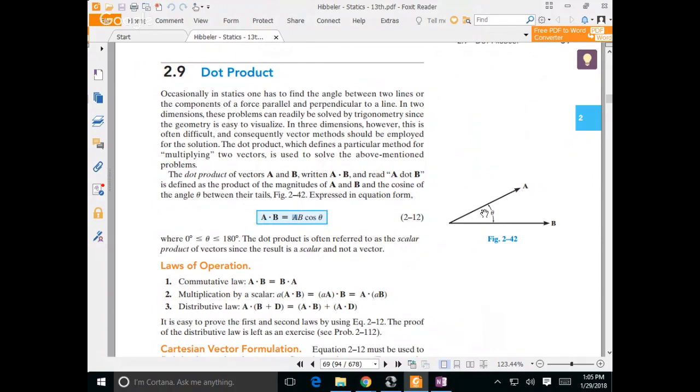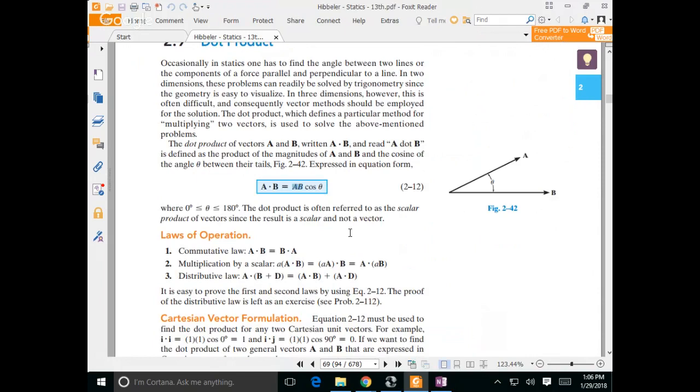Say this vector is 5 and this one's 10, then the unbold-faced would be 5 and the unbold-faced would be 10. So it'd be the lengths of those vectors times the cosine of the angle between them. I'll try to solidify that in a second, but he has different laws here.